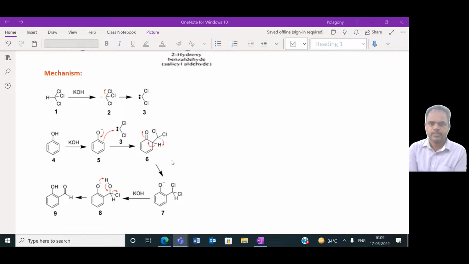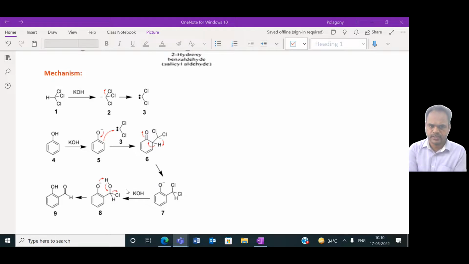In the next step, it is hydrolyzed by the potassium hydroxide solution. One of the chloride ions is removed by the OH minus ion. When the OH minus ion substitutes the chloride ion, the hydrogen proton shifts to the phenoxide group, where the sigma bond electrons move toward the bond between the oxygen and the carbon.